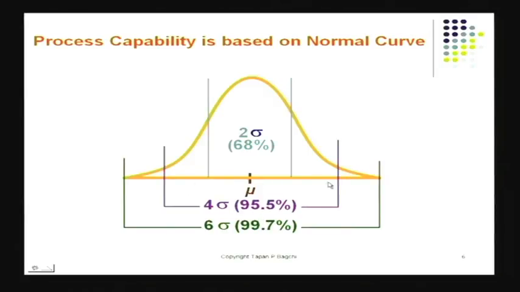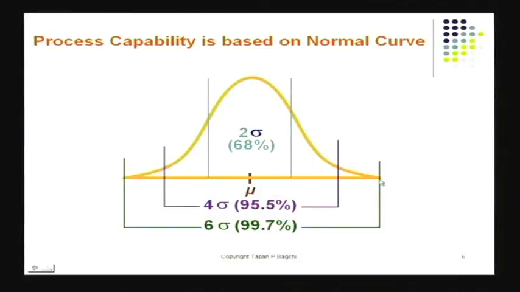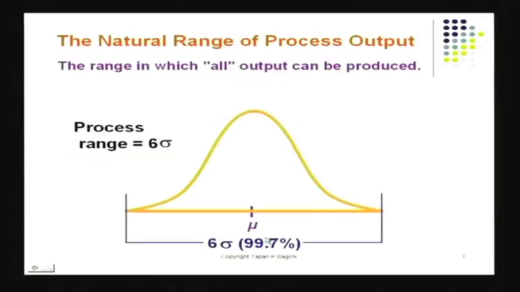And if I make that tolerance even wider, if I make it 3 sigma, that is, mu plus 3 sigma would be the upper limit and mu minus 3 sigma would be the lower limit, then the amount of output that is inside the plus 3 sigma and minus 3 sigma range is going to be 99.7%. This is a property of the normal distribution. And we utilize this when we do our Cpk calculations.